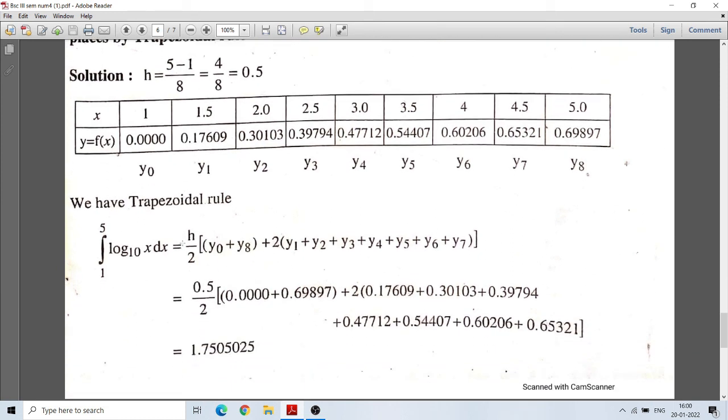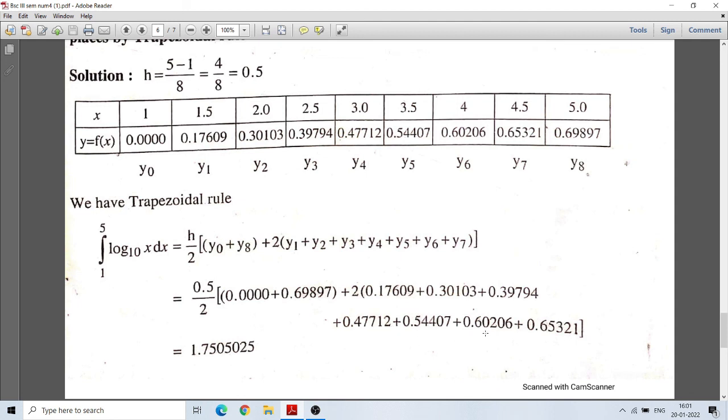Then using the trapezoidal rule, our limits are integral 1 to 5, logarithm of x to the base 10 is equal to h by 2, y0 plus y8 plus 2 times of y1, y2, y3 and so on. This is the formula. h is 0.5 here, by 2 as it is, y0 value is 0, y8 value is here 0.69897, substitute, plus 2 times of y1 value 0.17609 plus y2 value 0.3010, y3 value 0.39794 and 0.47712 is y4 value.